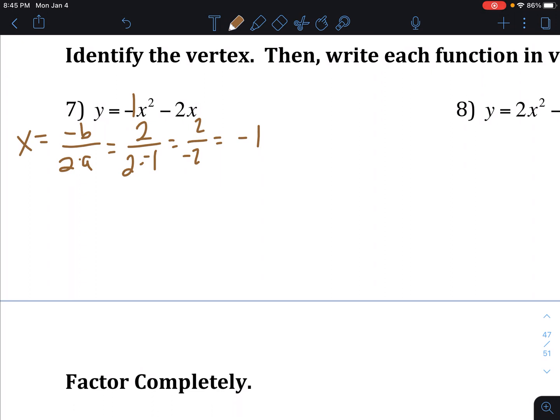Now we're going to plug that in for the equation for the x's and find out what the y coordinate of the vertex is. Exponent first, so carry down the negative, and negative 1 squared is 1.